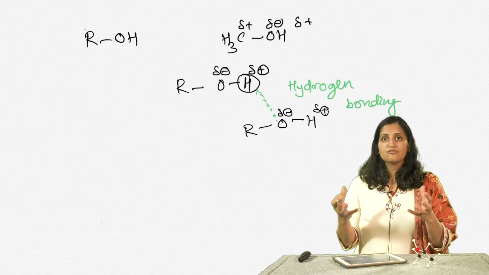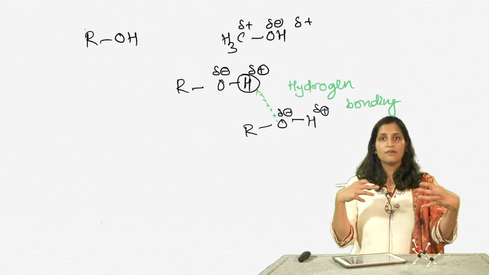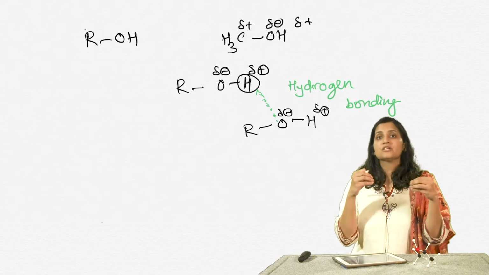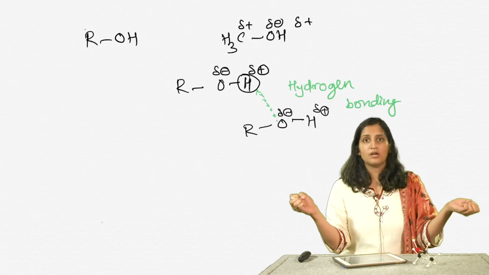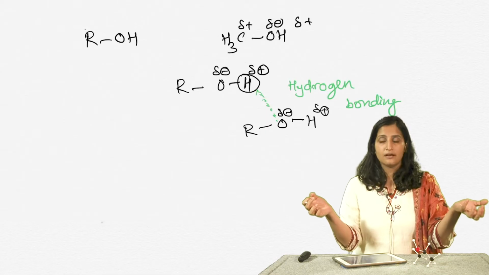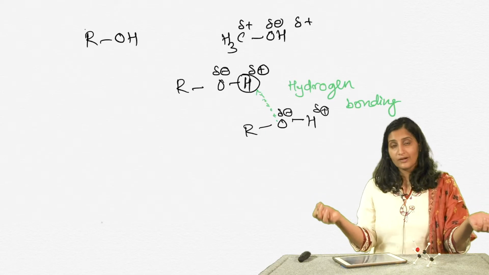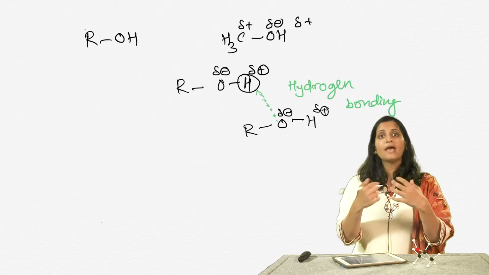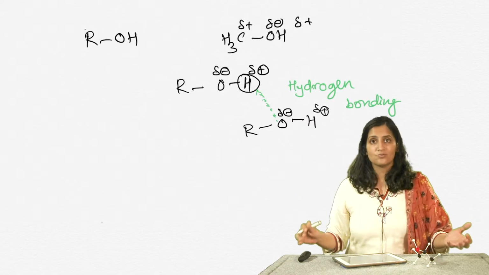Because of this hydrogen bonding, the molecules are very close to each other, attached to each other, and extra energy is required to separate these molecules from their neighbors, and that is why the boiling point of water is 100 degrees. It is relatively high, and you need to supply energy to break this hydrogen bonding as well.